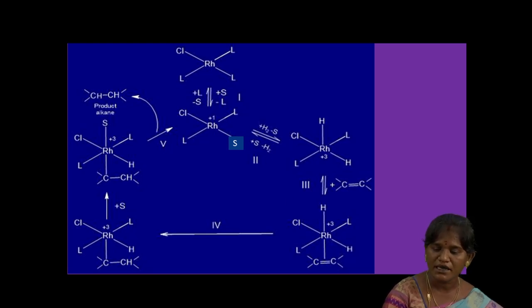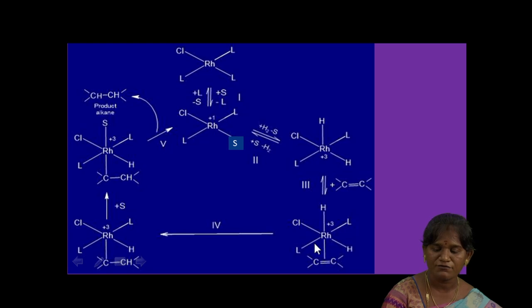In the next step, that is the third step, addition of olefin takes place. Here the olefin is added to the Wilkinson catalyst, so it will form the metal olefin pi complex. Here rhodium plays two important roles. The first one is that it weakens the carbon-carbon double bond.